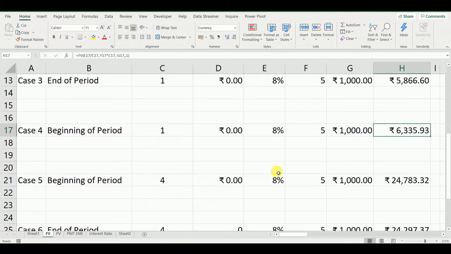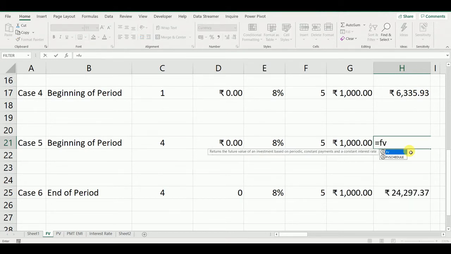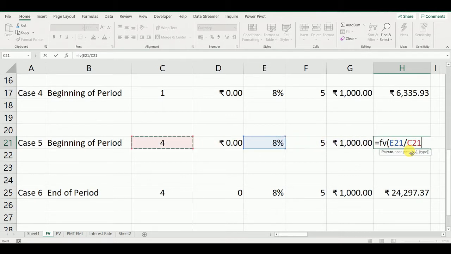Now we will move to case number 5. In this case, we will find the value of 1000 which we have invested in the beginning of the period, but the compounding is not yearly, it is quarterly. So you can see FV, rate is our 8% divided by compounding.